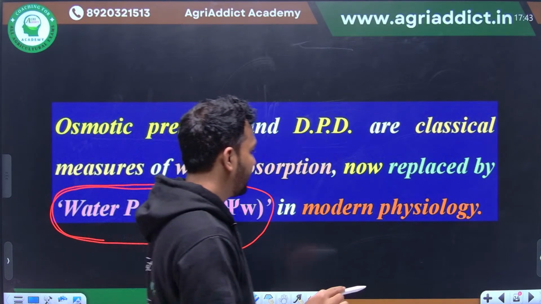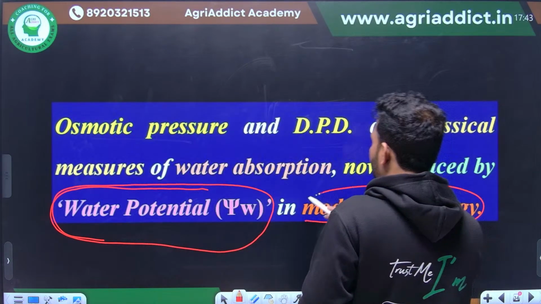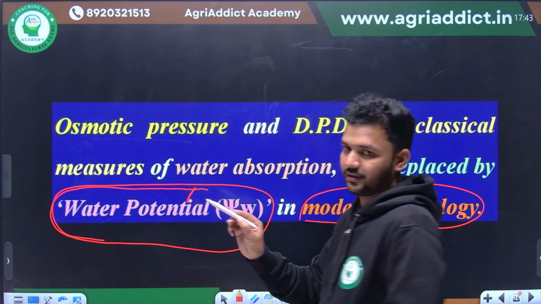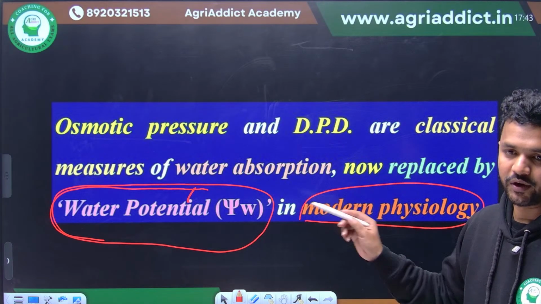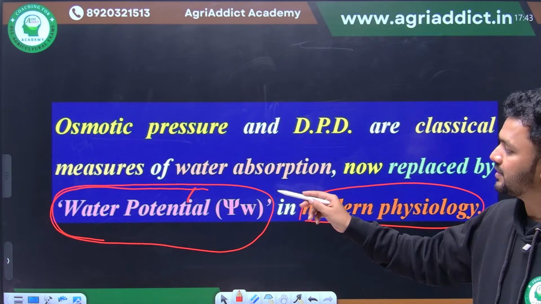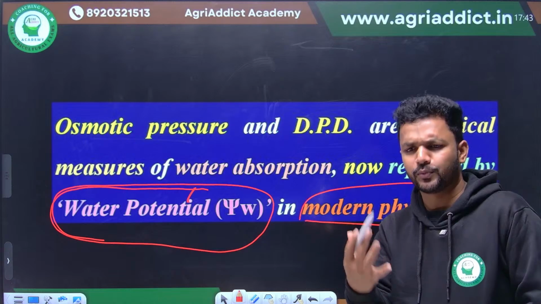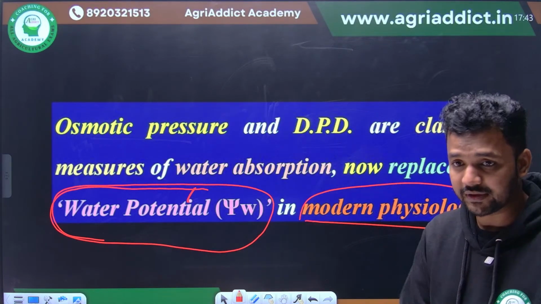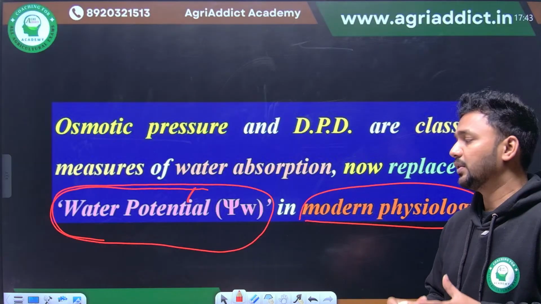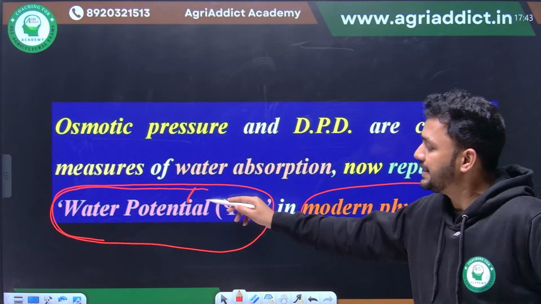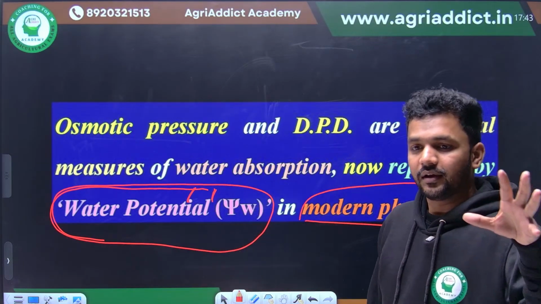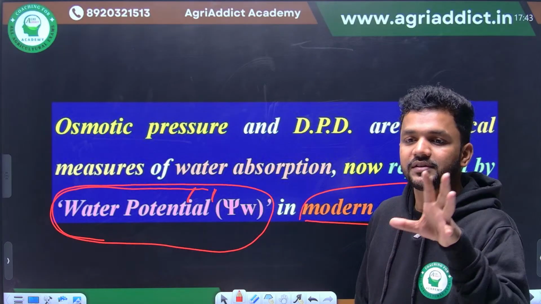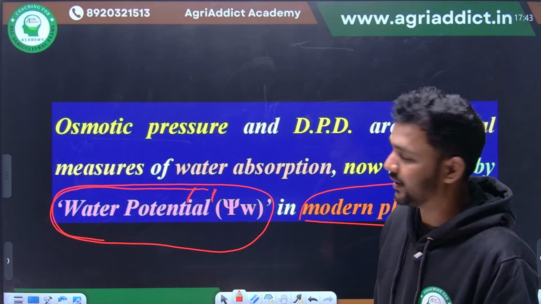In modern physiology, we use the term potential, the water potential, and it is the result of different potentials like pressure potential, turgor potential itself, and osmotic potential. By combining all this, we determine the water potential, and the single term denotes the energy status of cell.